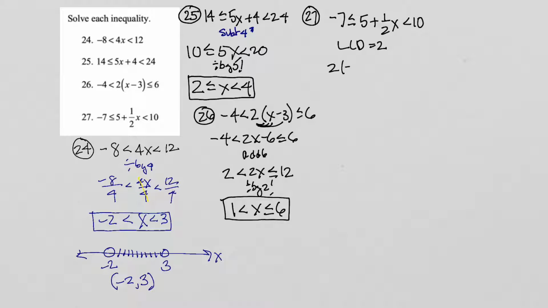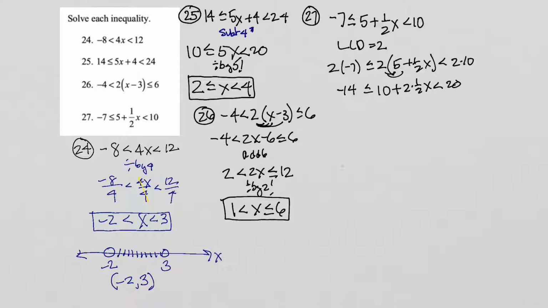So I'll get 2 times negative 7, less than or equal to 2 times the 5 plus 1/2 x, strictly less than 2 times 10. So we'll get negative 14 less than or equal to, now distribute. So we'll get 10 plus, now I'm going to go ahead and show it here. It's going to be 2 times 1/2 x less than 20.